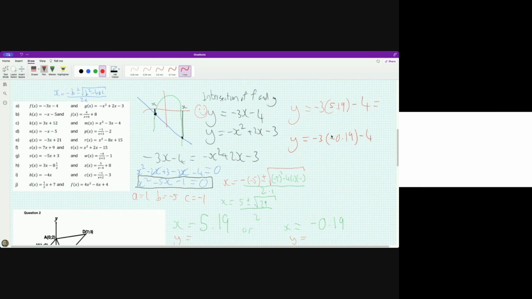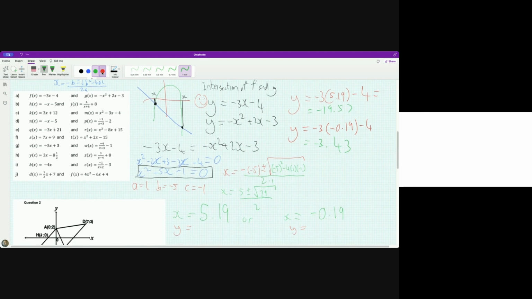So minus 3 times 5.19 minus 4, I get minus 19.57. And then here I get minus 3 times minus 0.19 minus 4, and I get minus 3.43.